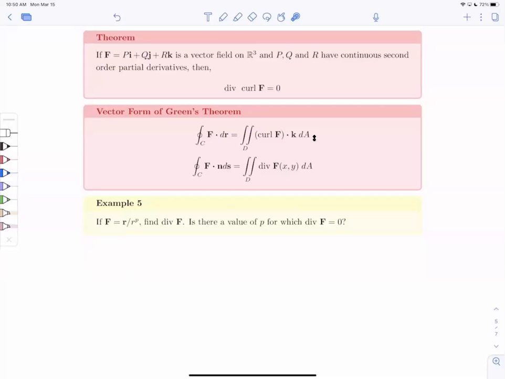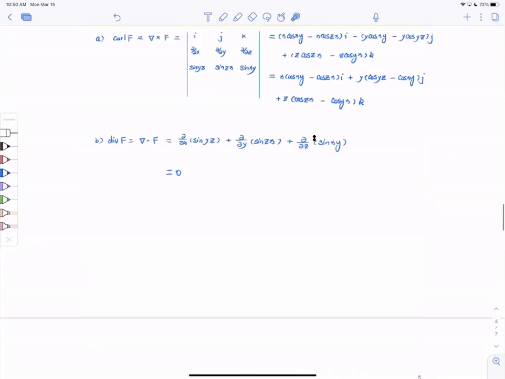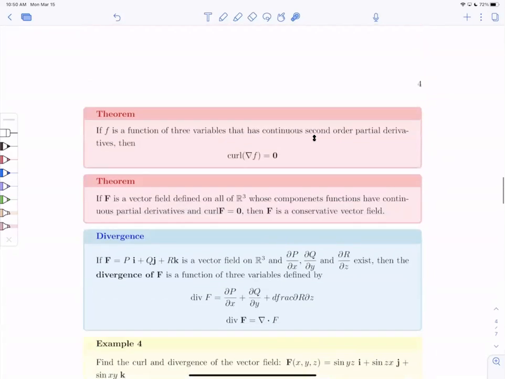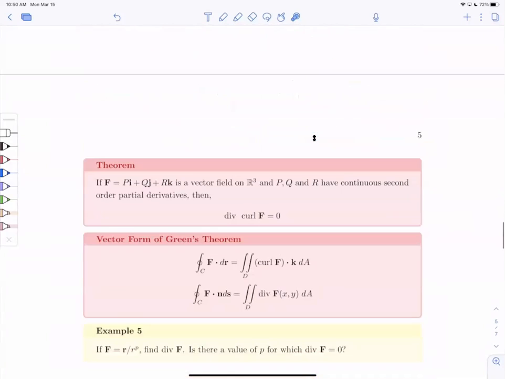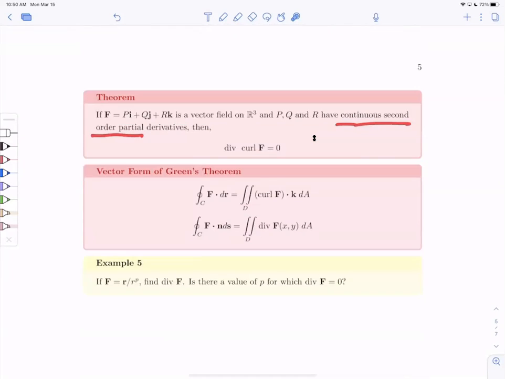So this is another theorem. If F is a vector field P, Q, R that has continuous second order partial derivatives. Remember, it's second order? Before it wasn't, it was continuous partial derivatives. Now it's second order partial derivatives, then the divergence of the curl of F equals 0.